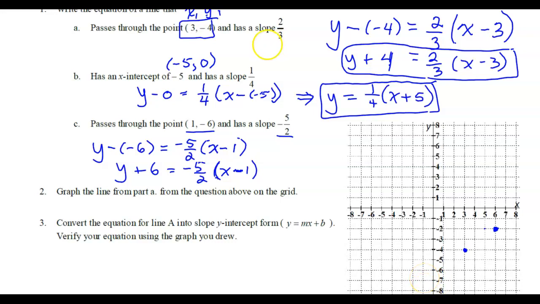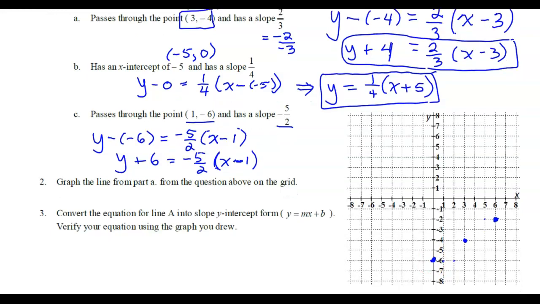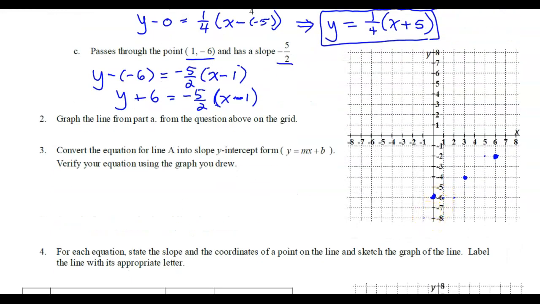So slope of 2/3, remember, is the same as -2 over -3. We never leave it with a negative over negative because it's not in simplest form. But for graphing, we can go down 2 to the left 3. Just try to fill up as much of your grid as you can. Okay, then join those up.